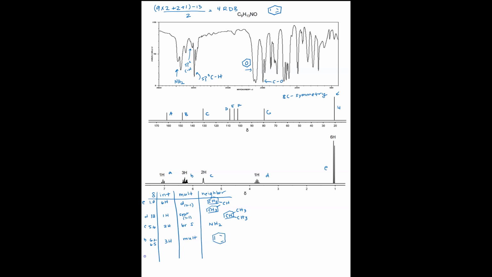And then proton A, 7.0, that's 1H. And that one is a triplet. So I think I have a substitution pattern where if there's a triplet possible, that means it's next to two protons. So it's probably this one right here. This is probably proton D. And I don't know where the rest of these fall within this 3H, but there's 3 other hydrogens possible there.